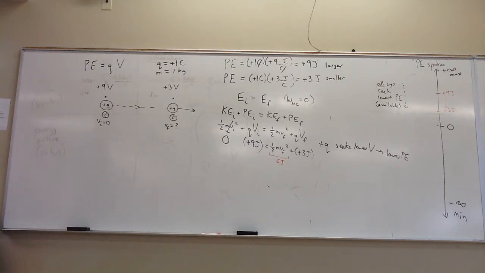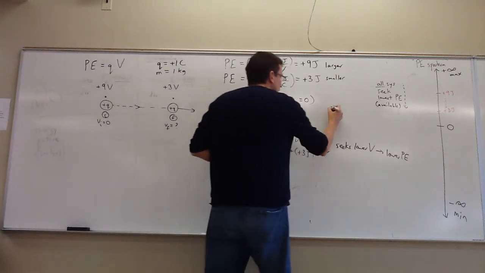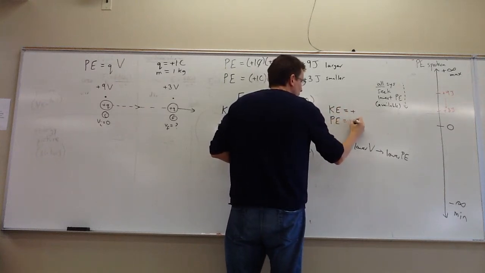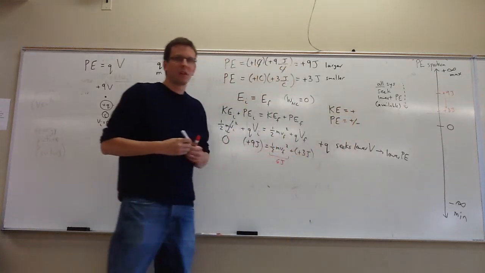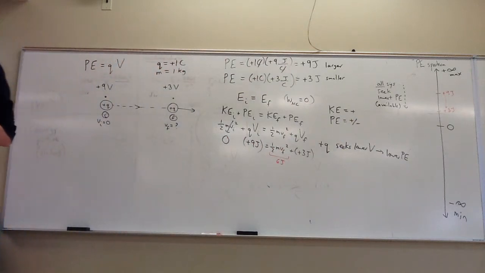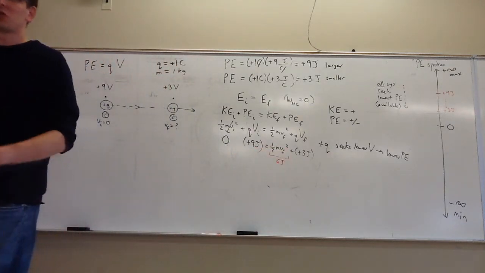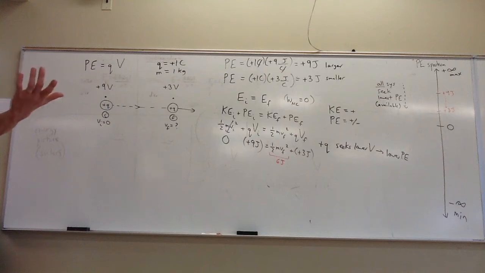And by the way, kinetic energy has to be positive, okay? So kinetic energy is not like potential energy. Kinetic energy has to be positive. Potential energy can be plus or minus. We've just had a discussion about that. But kinetic energy, look at it, right? It's 1/2 mv squared. Okay? So there's nothing in there that could be negative.